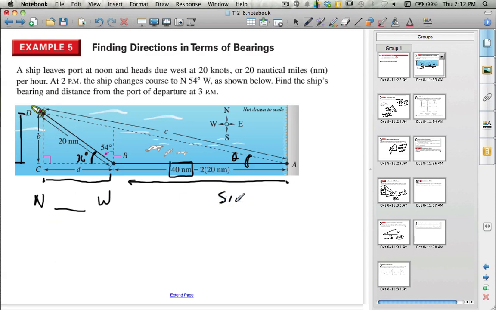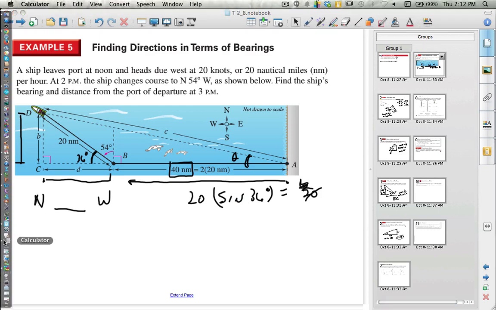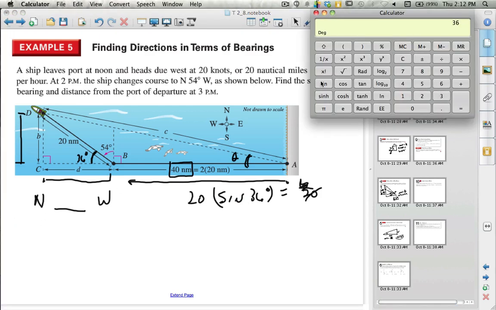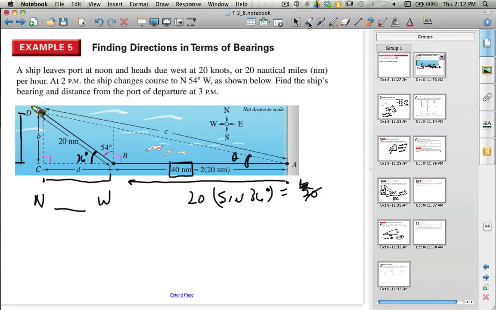So if I do sine of 36 degrees equals B over 20, if I multiply both sides by 20, I'll get that B is equal to 20 times the sine of 36. So we'll go back to our calculator. We do 36 sine times 20 equals, and it's 11.76. Okay, so B is equal to 11.76.